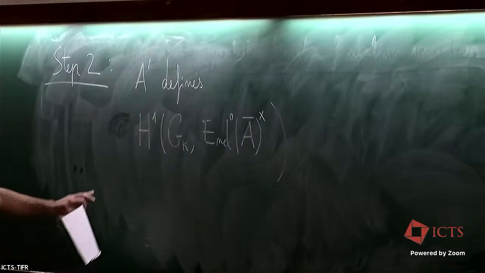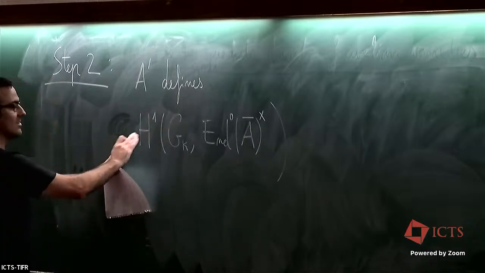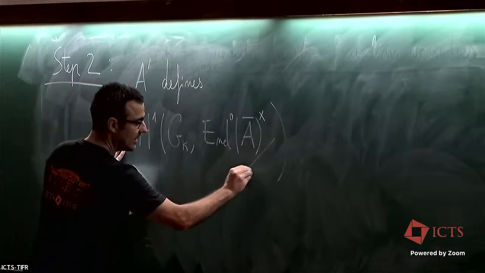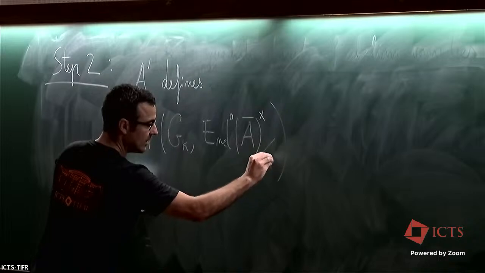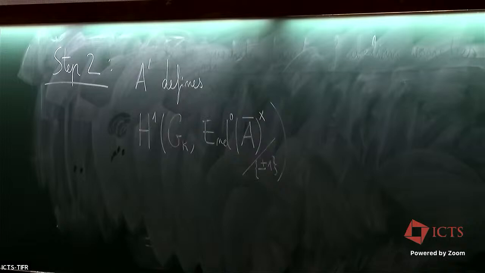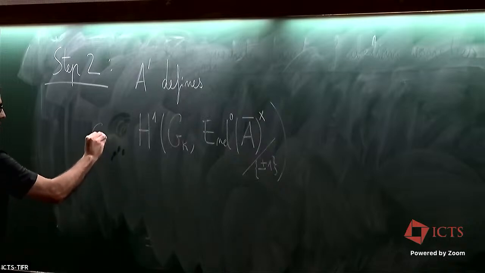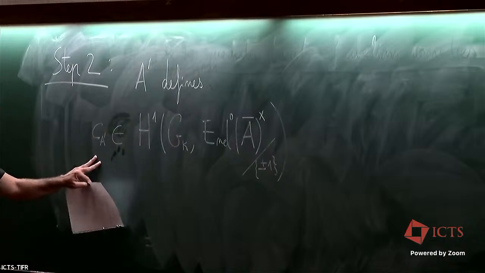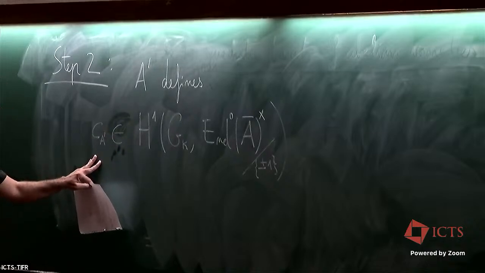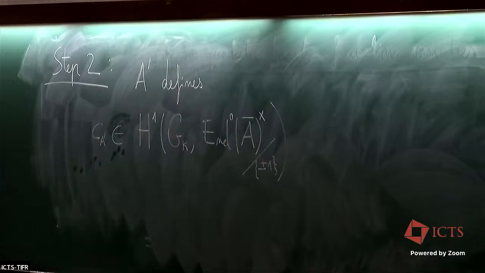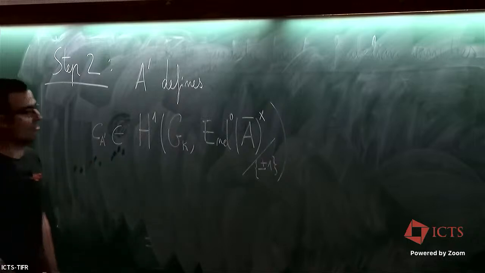But now I'll look at the image of this class in the cohomology space having coefficients in this quotient. And I'll call the class that A prime defines by C prime. Why am I doing this? Well, I want to see that A prime is not just a twist, it's a quadratic twist. So I want to see that it is trivial in this H1.